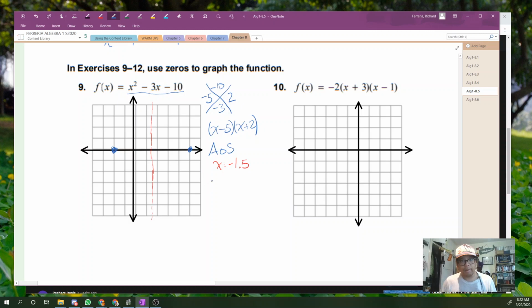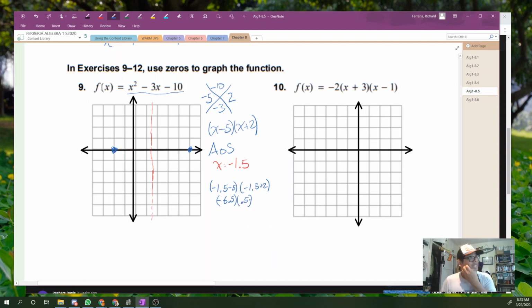You have -1.5 minus 5, -1.5 plus 2. Let's see, -1.5 minus 5 is -6.5. -1.5 plus 2, that's the same thing as 2 minus 1.5, which is just 0.5.